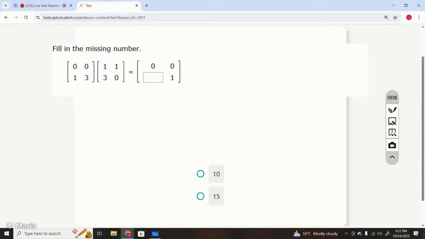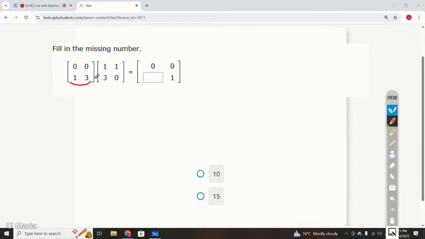Fill in the missing number. The missing number is in the second row, first column.